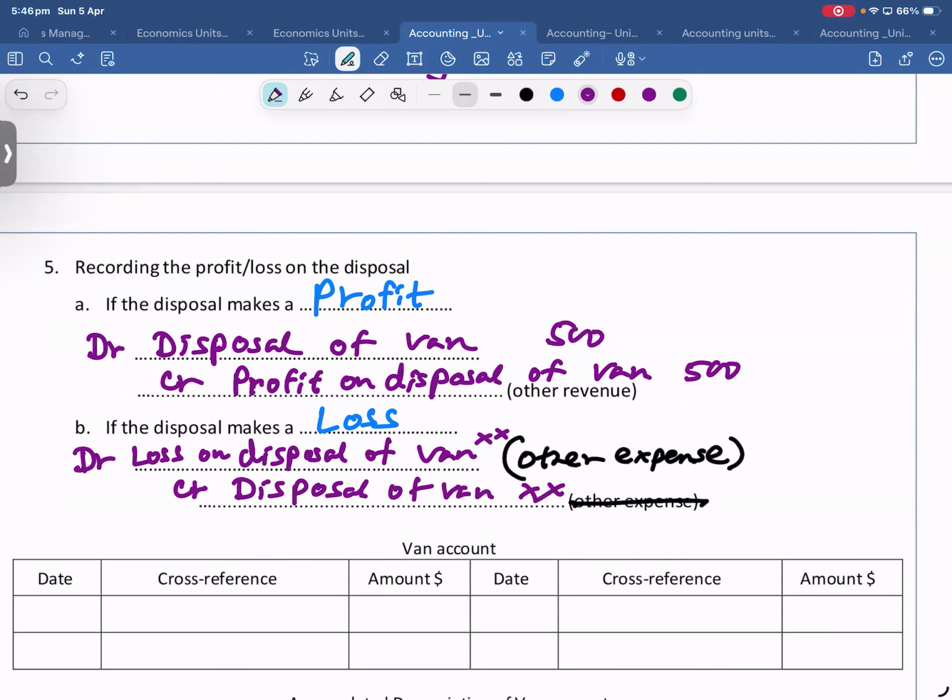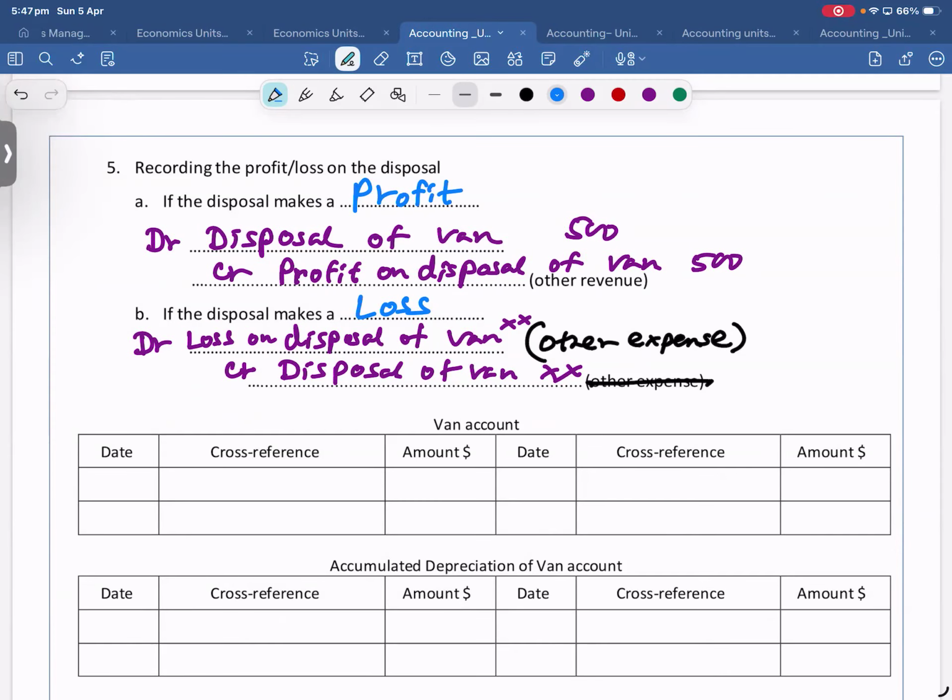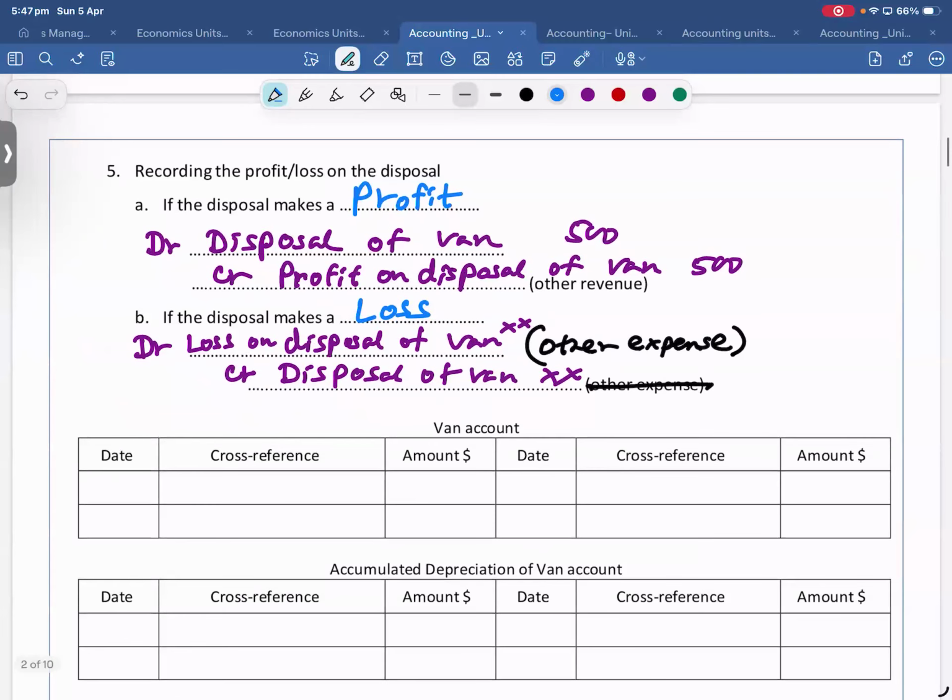Okay, if you are going to do the ledger accounts, guys, this is how I would show you. This one, the date, don't worry about the date. If you want, we can put a date. So this one, we have the balance, 10,000.